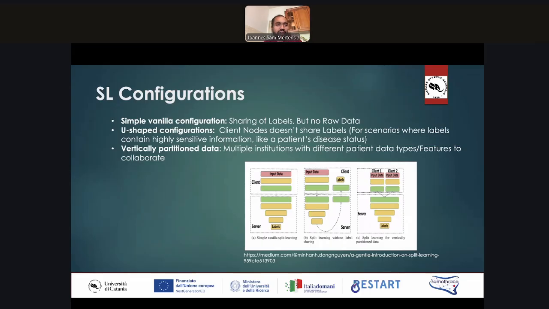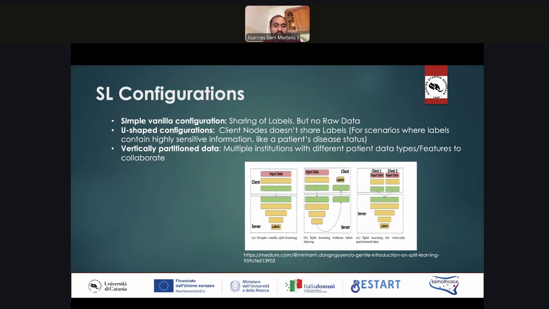And there were different split learning configurations. One is this vanilla configuration, which you see in the first figure. Here there is actually sharing of labels. When I say labels, take a classification task: there is input data, and whether the disease is present or not, that is the label.